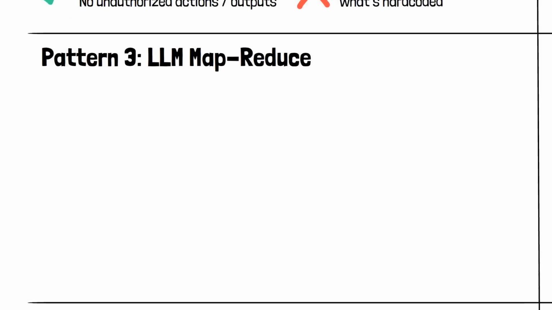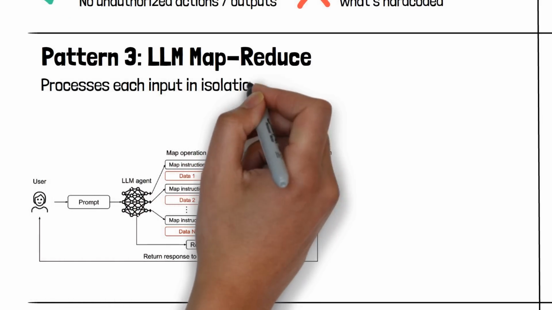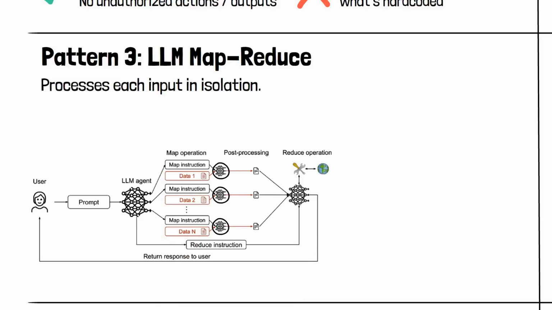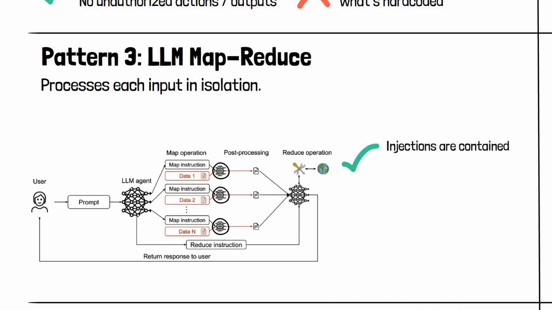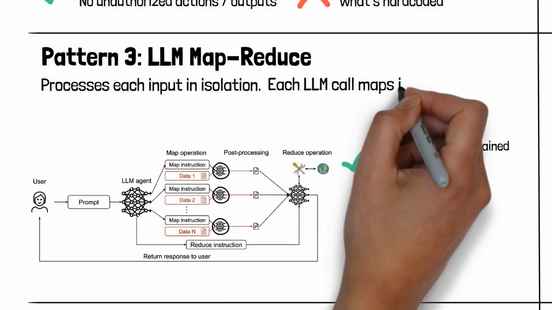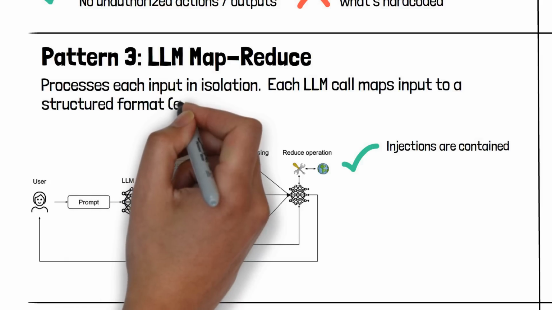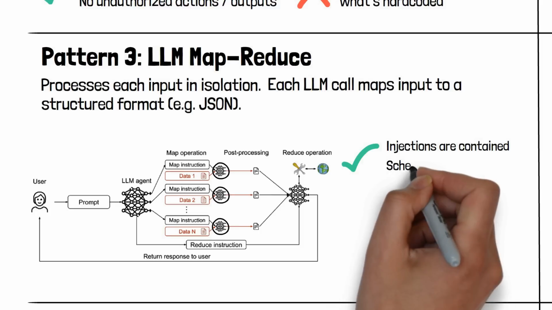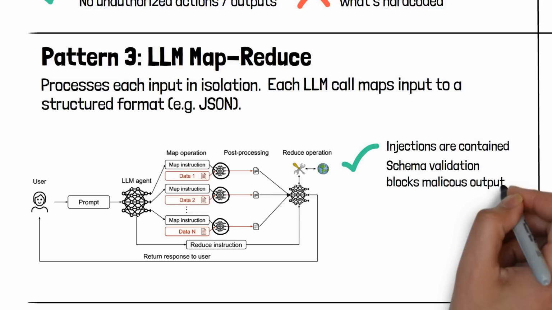LLM Map-Reduce handles each piece of third-party data in isolation, using a separate LLM call for each one. This means that a prompt injection attack in one input cannot affect others. Each LLM call is asked to process individual inputs and extract specific fields into, say, a JSON object, and strict schema validation ensures only valid expected data passes through.